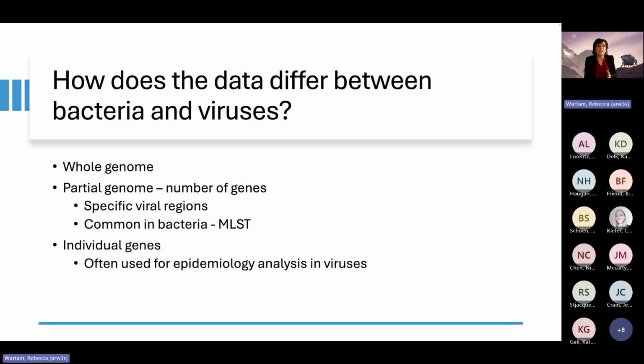It's a lot depending upon the size of the virus and the biology of the virus as to when you use a whole genome versus a partial genome. If the viral genome is in segments, you can't call them chromosomes, but they'll have different segments. Often you will have to use a partial genome or a number of specific genes. But if it's in one single segment, you can use the whole thing.